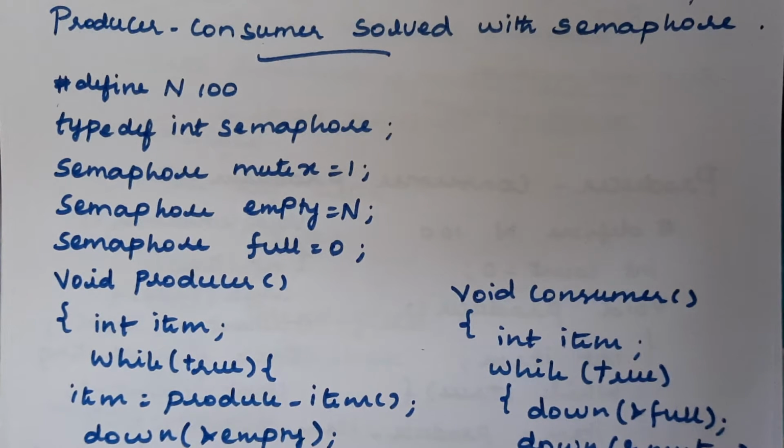Why are we going to this semaphore? Already we discussed a normal producer consumer problem, which means how we solved it without using the semaphore. There we just used the concept of blocking. We have not implemented it with the busy waiting concept.